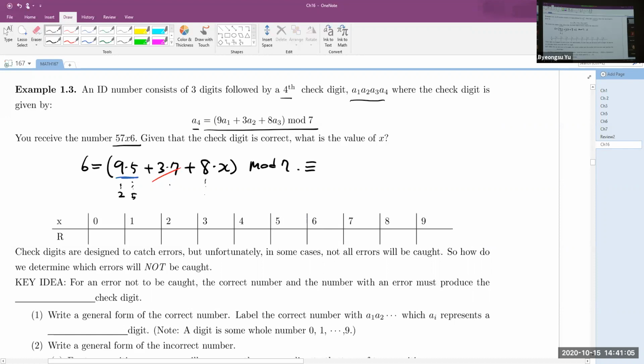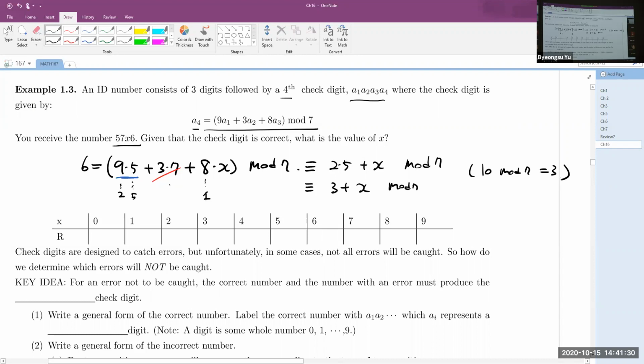And this one is disregarded. And 8 mod 7 is just 1. So it is nothing but 2 times 5 plus x mod 7. And 2 times 5 is just 10. So it is 3 plus x mod 7 because 10 mod 7 is 3.